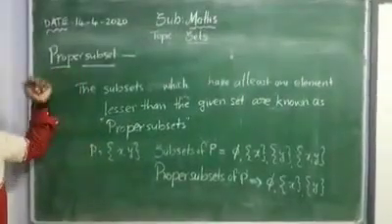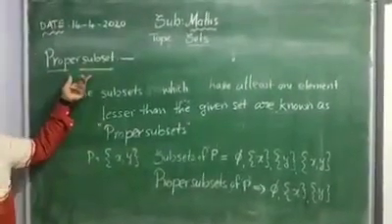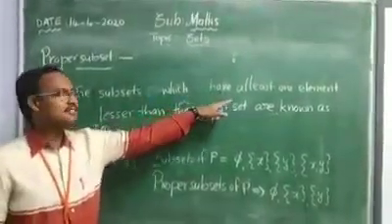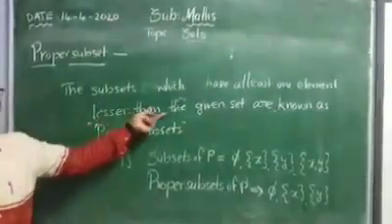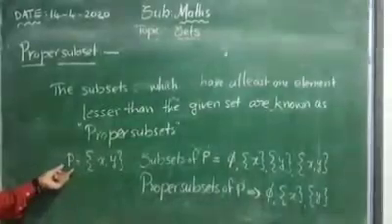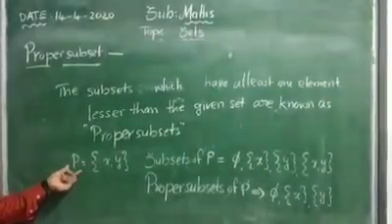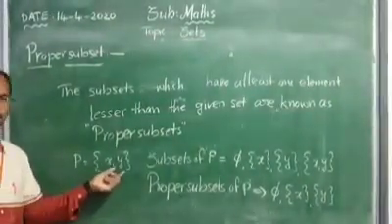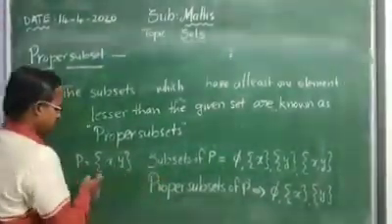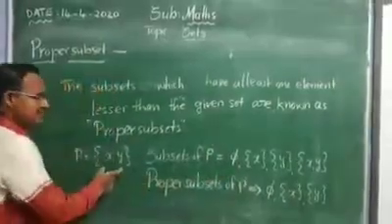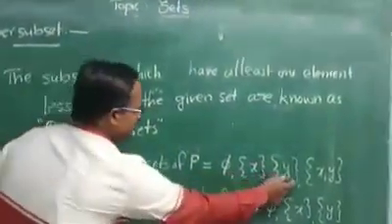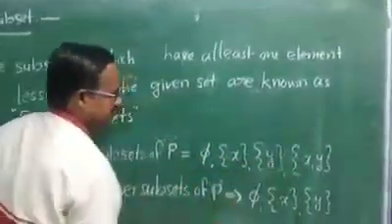Okay, proper subset. So what is meant by proper subset? The sets which have at least one element less than the given set. To understand this concept, I took another example. P is equal to the set of x comma y. The subsets of P, as we know before, are the empty set, which is a subset of every set, and the set of x, the set of y, the set of x comma y.